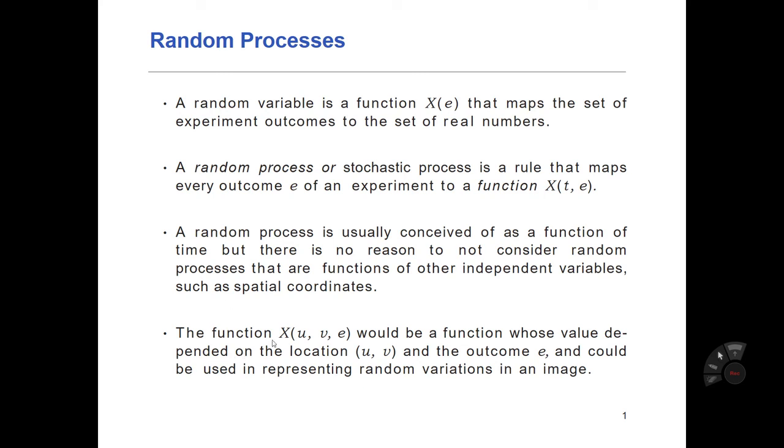Suppose the function is of u and v, where uv is the coordinate and e is the outcome. So outcome e has a location of u and v. This function would be a function whose value depends on the location u and v and the outcome e, and that could be used in representing random variations in an image.